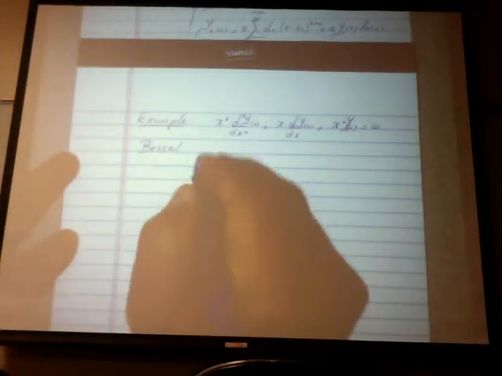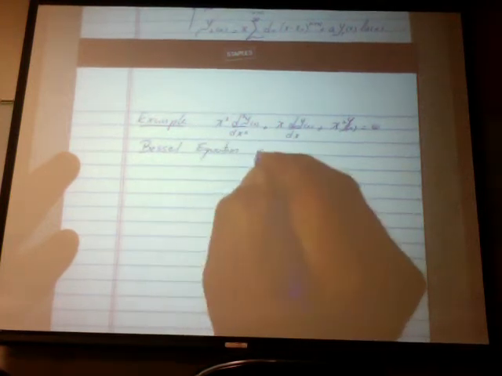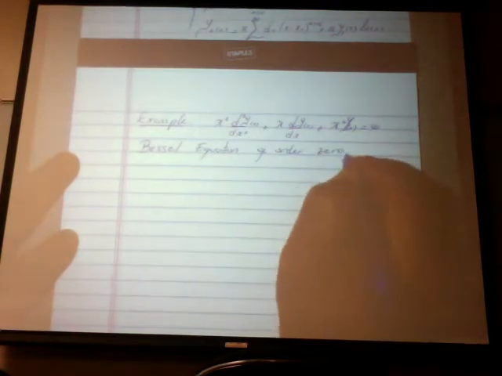That particular equation is called the Bessel equation of order 0. And you will see later where the different orders come from.